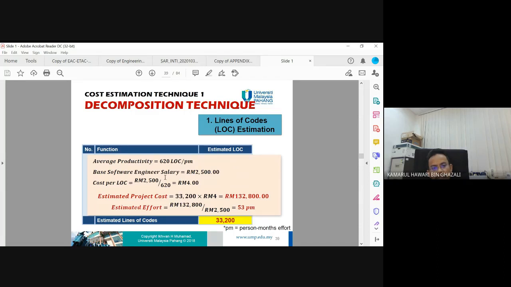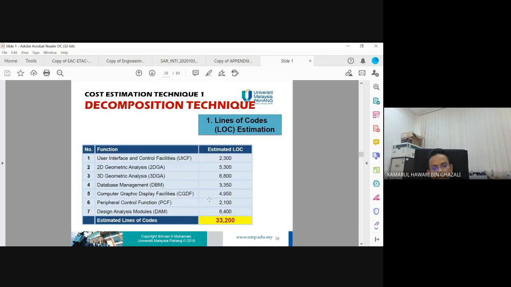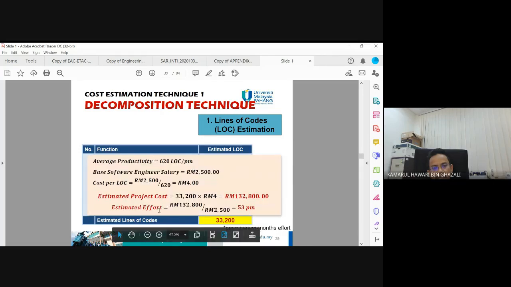So this is the calculation of the estimated effort. Estimated project cost 33,200 multiplied by RM4 per line. So estimated effort divided by 2,500 for the software.